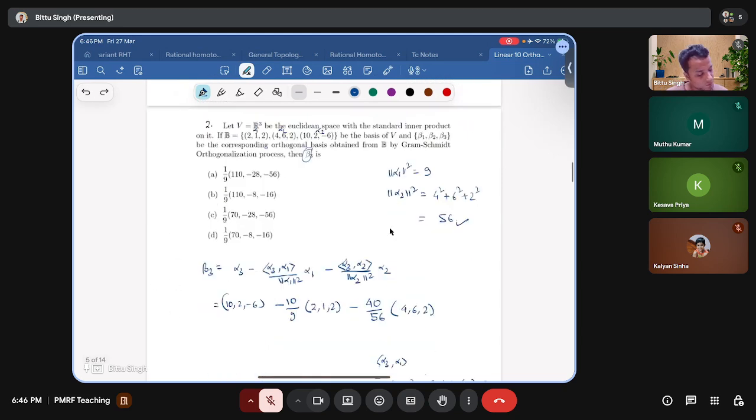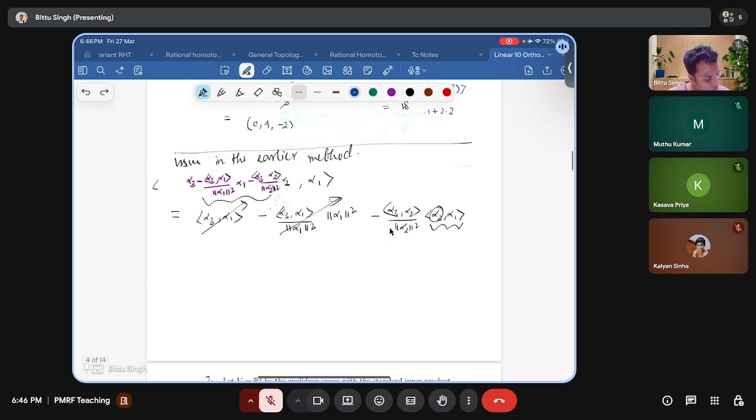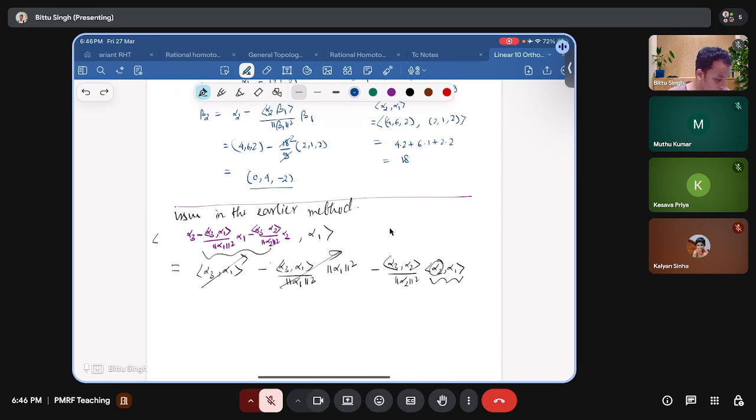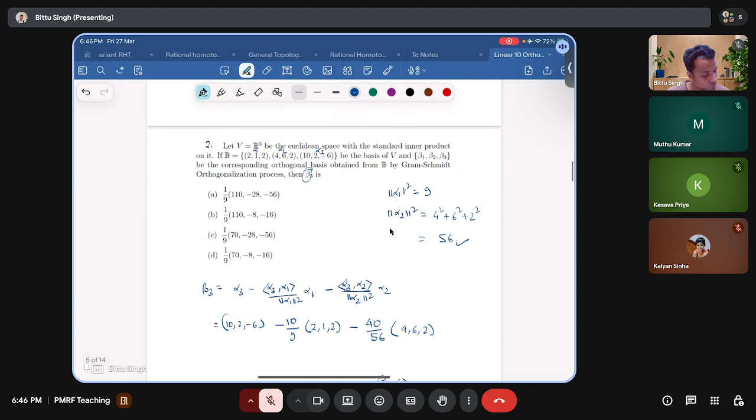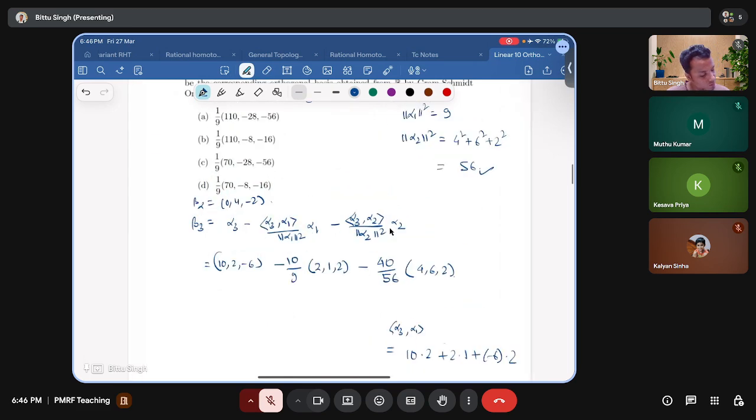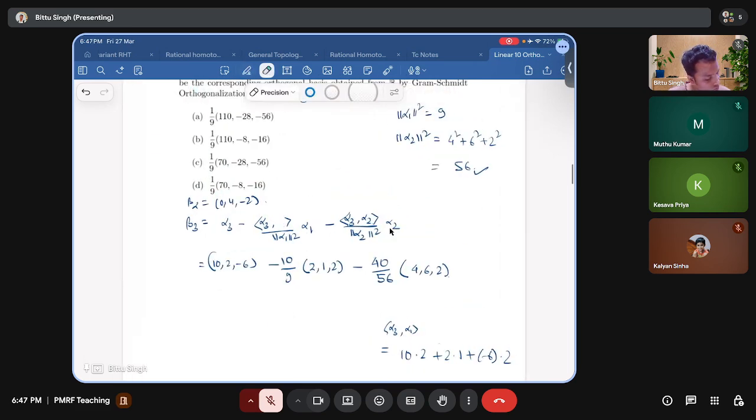I have already found that beta 2 is (0, 4, -2). So you need to take the projection of alpha 3 along beta 1 and beta 2.